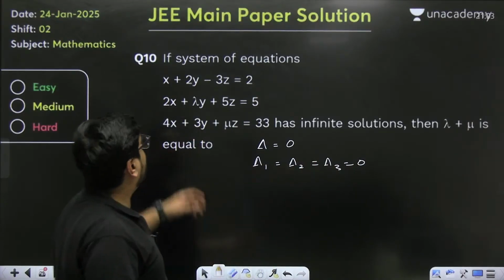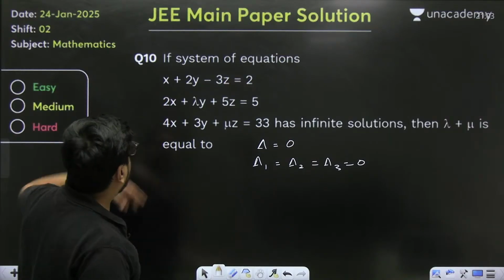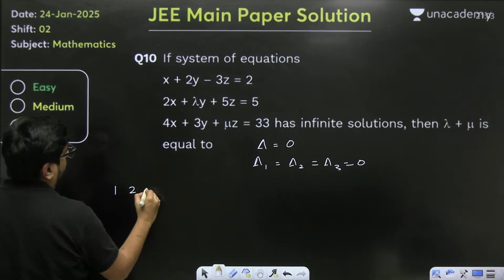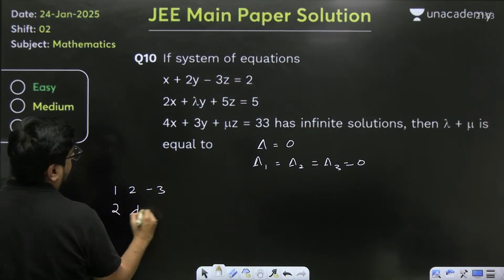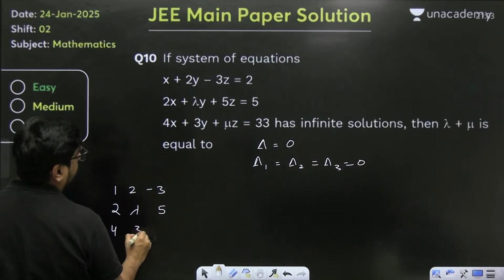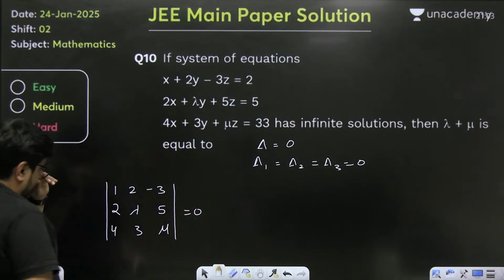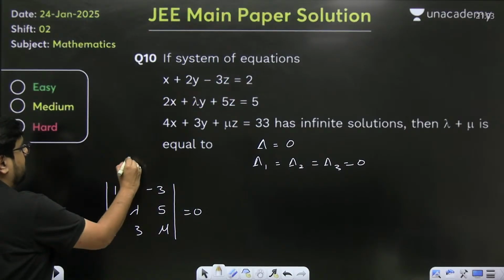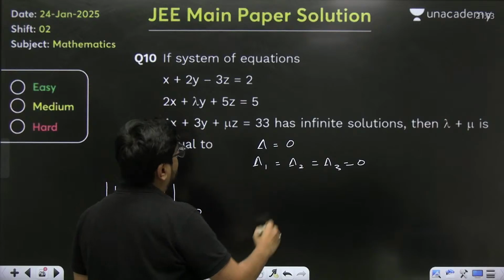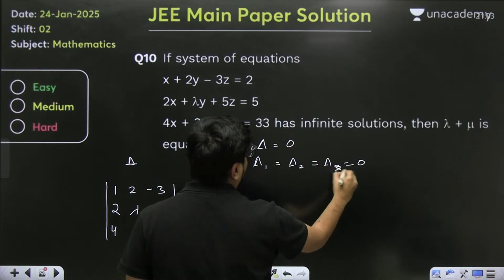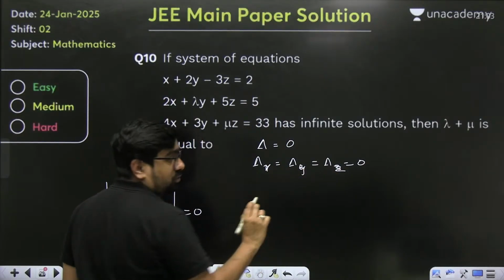Anyone you can put. For example, over here, delta equal to 0 if we put, so 1, 2, minus 3, 2, lambda, 5, and here we'll have 4, 3 and mu. This equal to 0. This is your delta equal to 0. Now suppose delta 3 or delta z, delta y, delta x also some people call it.